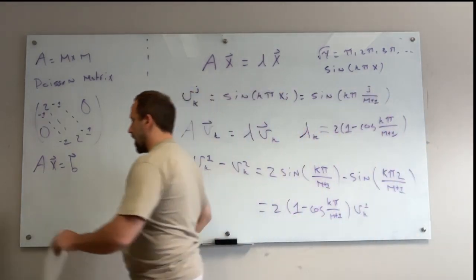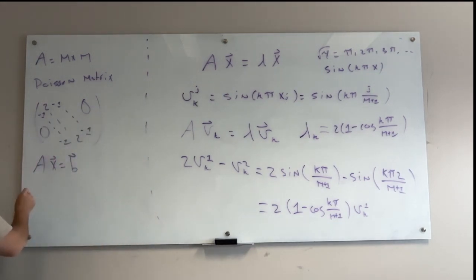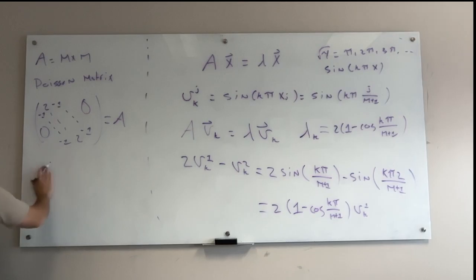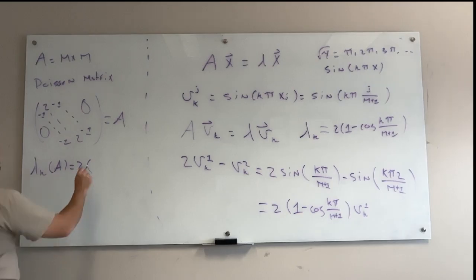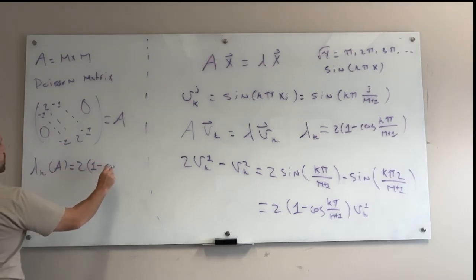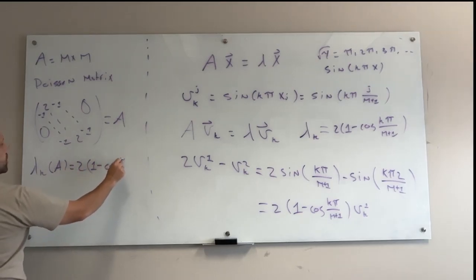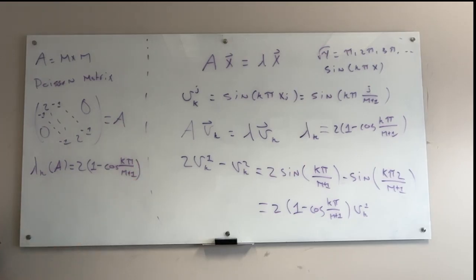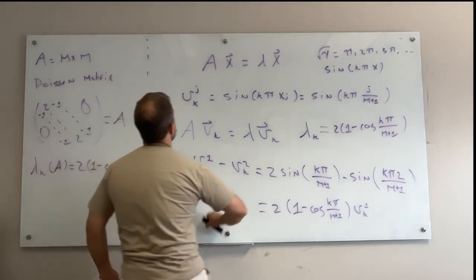So let me write that down over here. For A, the Poisson matrix, the kth eigenvalue, lambda k of A, is equal to 2 times 1 minus cosine of k pi over m plus 1. Okay, now let me erase over here.